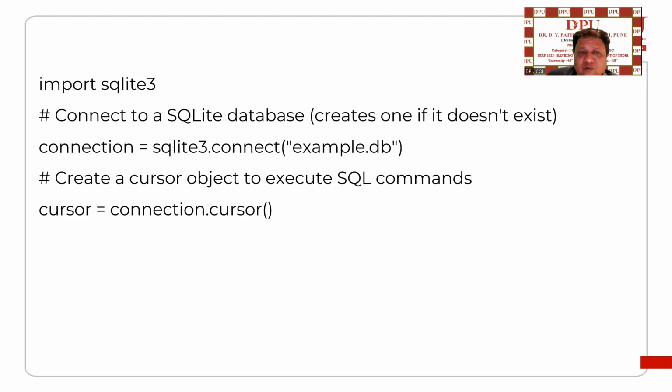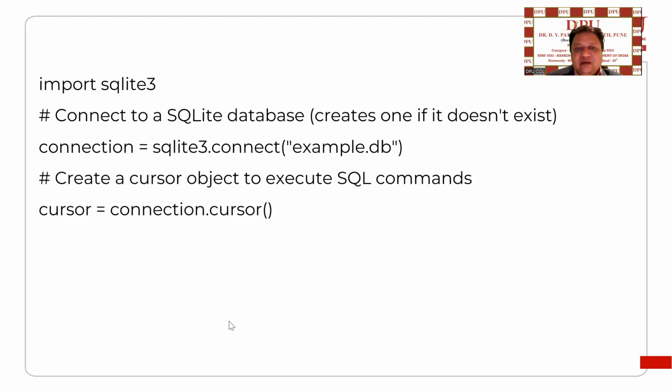So connection is equal to sqlite3.connect. This is the method name, that is connect. Connect is the method which is already defined in the SQLite 3 library. I just need to call the method with its name, and if that method accepts any arguments, I need to pass them.